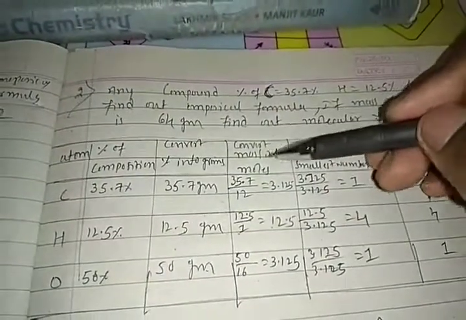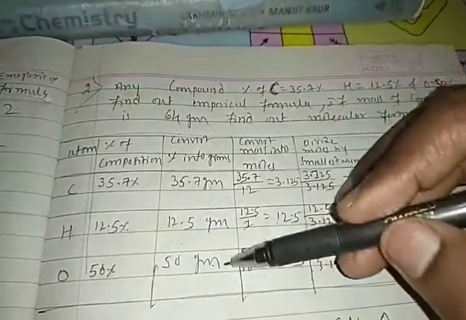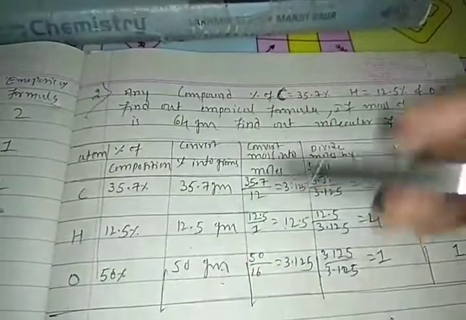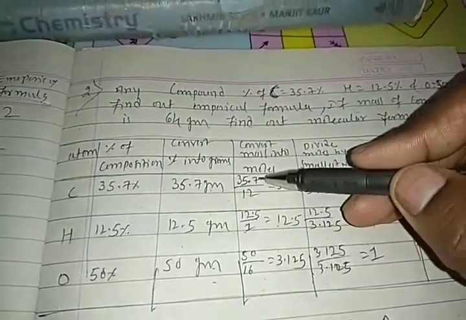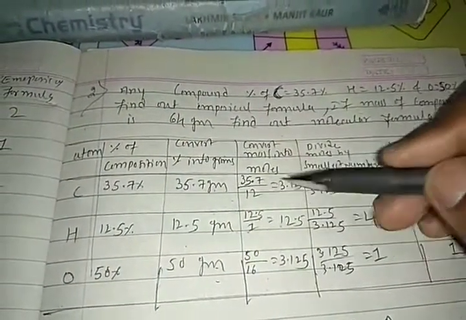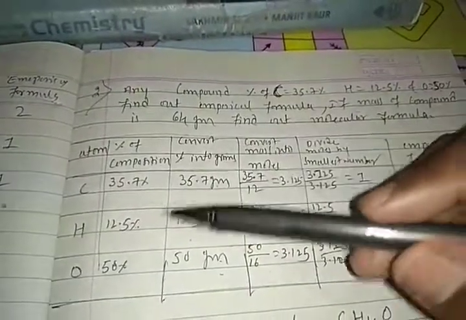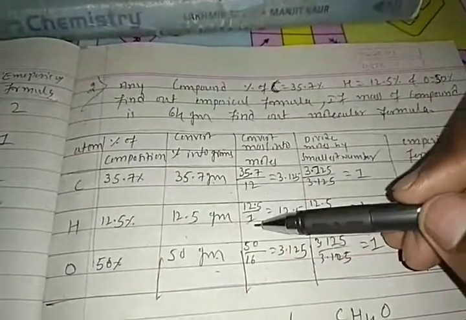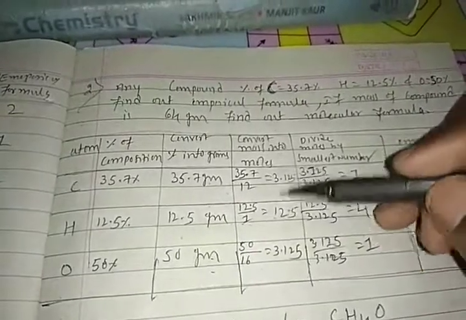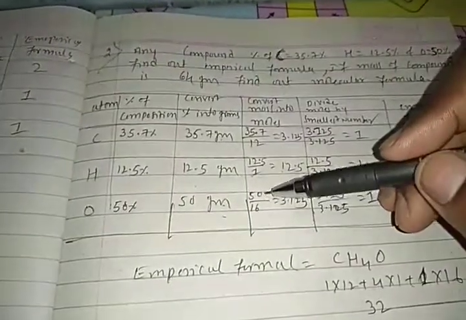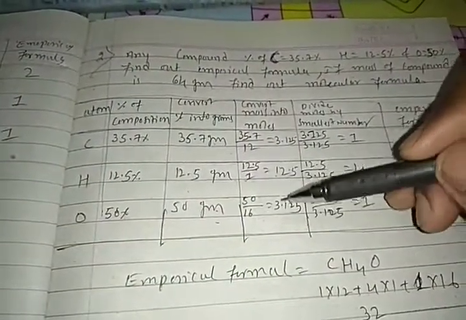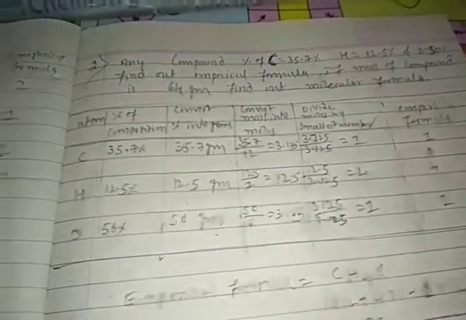Convert mass into moles: mass of the compound divided by the respective atomic mass. 35.7 divided by 12 is 3.15. Hydrogen, 12.5 gram divided by atomic mass 1, is 12.5, and oxygen, 50 divided by 16, is 3.125. Right, friends? Understood?